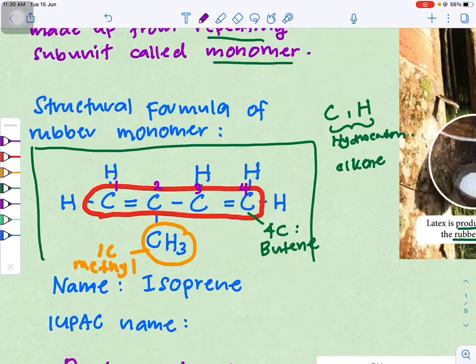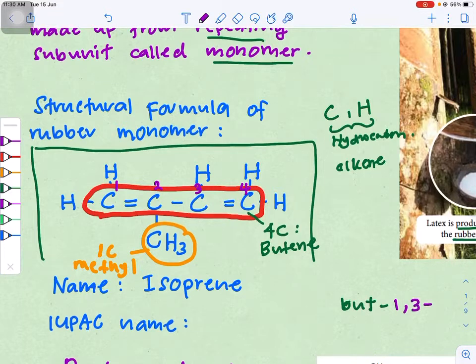It is but, then put the position of the double bond: carbon 1 and 3.